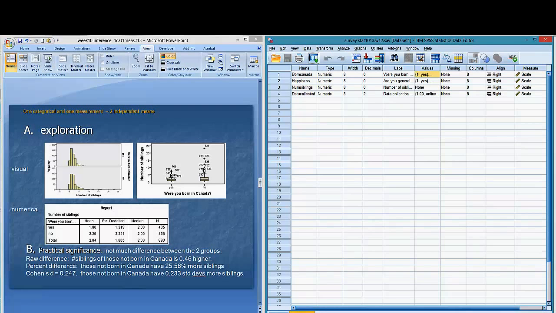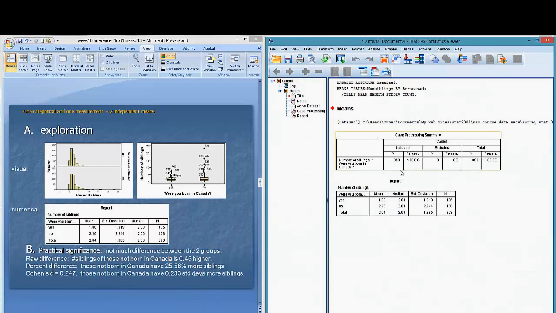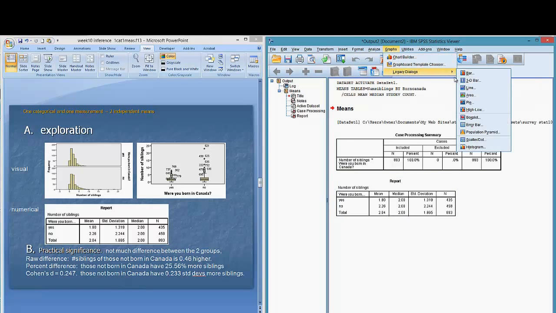Let's take a look at the output, which we have on the left side of the screen. This is the numerical output that you're going to get: 1.8, 2.26, the same numbers we have here. Visually, we go to the graphs and produce comparison box plots, which you've done before.